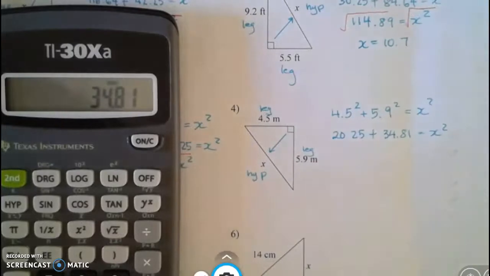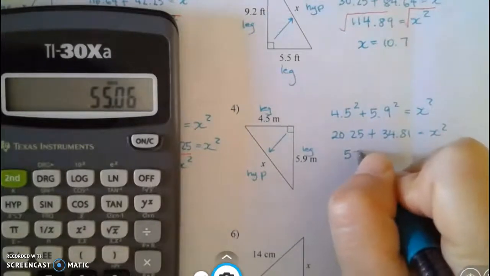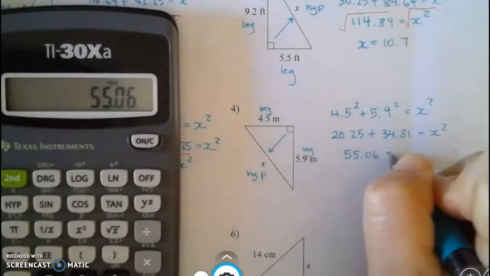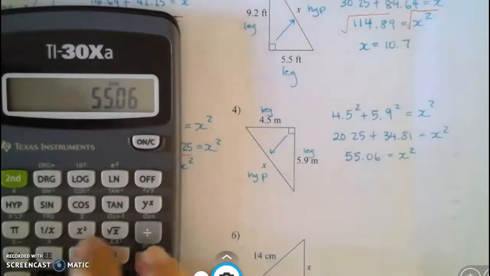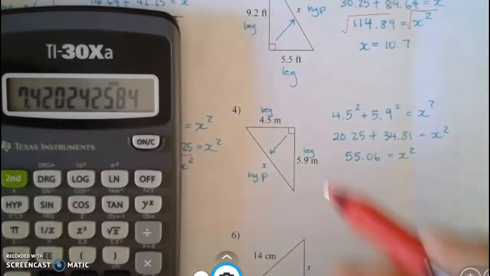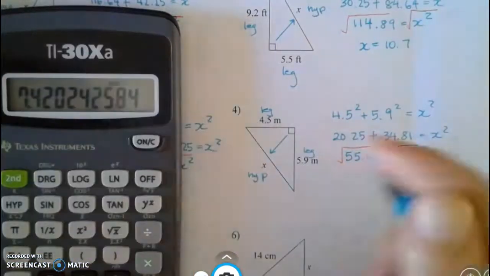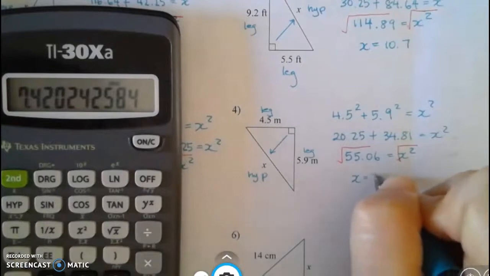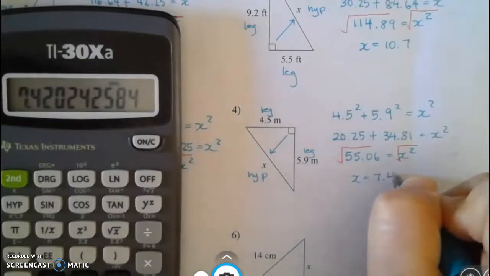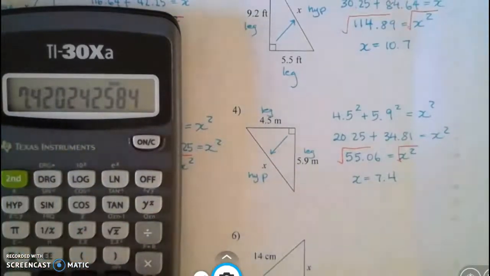Add those two numbers together and I get 55.06 is equal to x squared. And then take a square root of both sides to undo squaring, and I get x is equal to 7.4, because when I cut off after 4, 2 is 5 or less, so I leave it as it is.